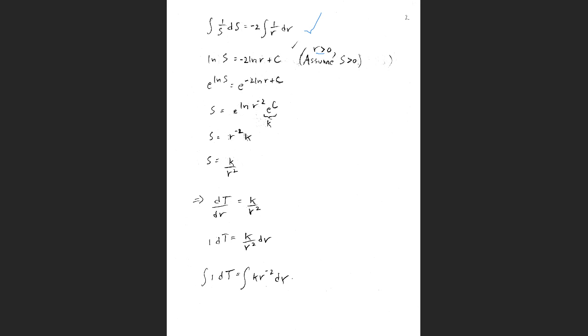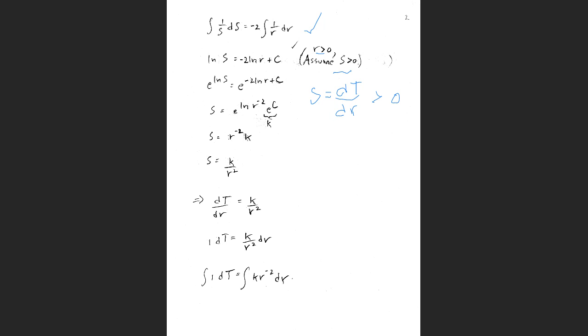And it'll also make sense that S is greater than 0. So in other words, we're assuming dT/dR is greater than 0, because that's what S was defined as in our substitution.